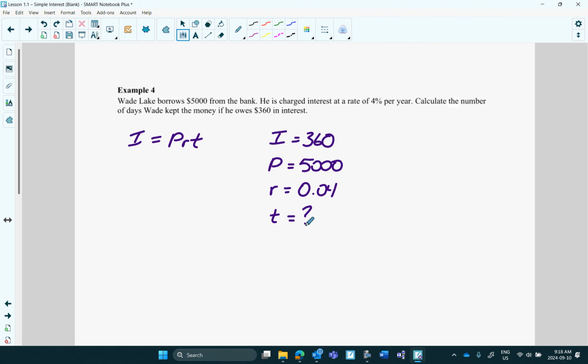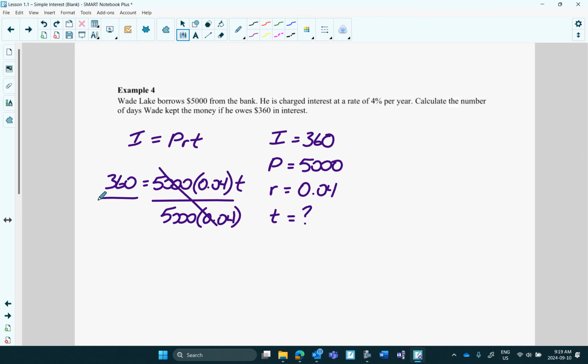So again, we're going to divide. So 360 is equal to 5,000 times 0.04 times T. So we got to divide by 5,000 times 0.04, which means you got to divide 360 by 5,000 times 0.04.